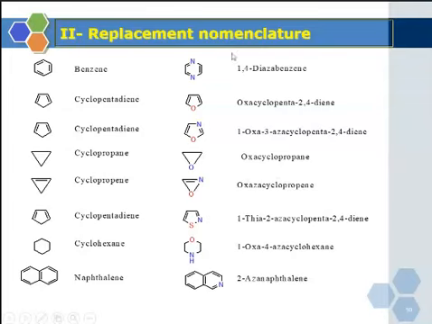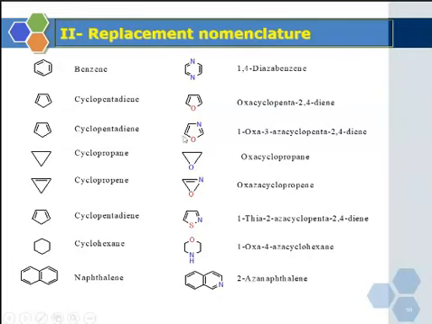In the replacement method, this compound can be called 1-oxa, 3-aza, cyclopenta, 2,4-diene.